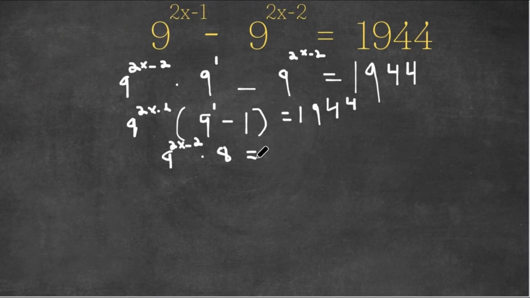This equals, I can actually rewrite 1944 as 8 times 9 times 9 times 3.